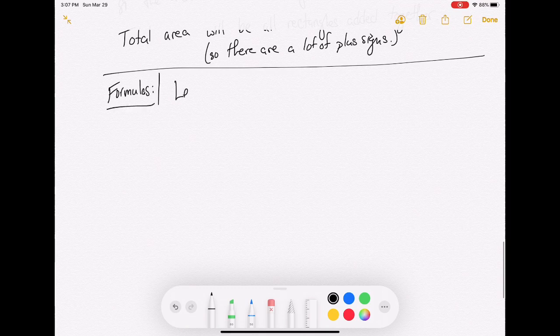This is the left endpoint. This is going to be x2 minus x1 divided by n. You'll remember that is the width, and then the height of each rectangle, we can actually add all the heights together because this is like factoring out the width from every piece.